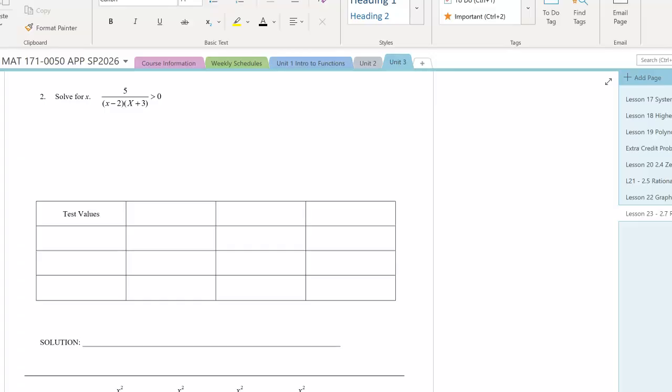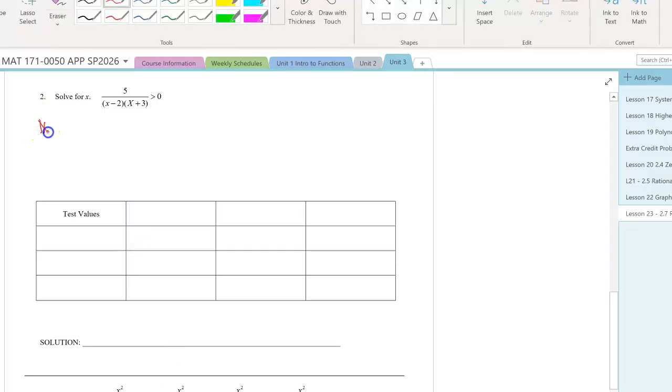But in this particular example, the numerator does not contain an x. So even if we set the numerator equal to 0, that will give us 5 is equal to 0, and 5 is never equal to 0. So there are no zeros of this function.